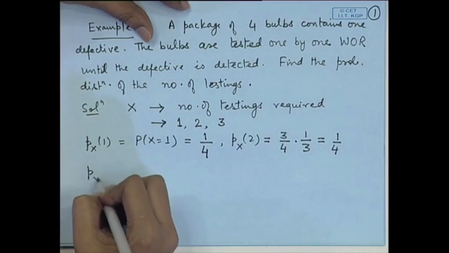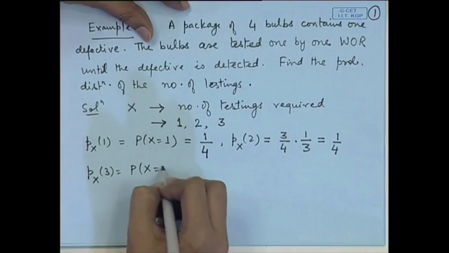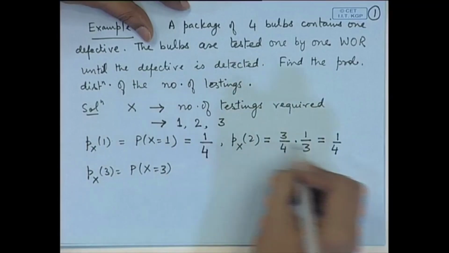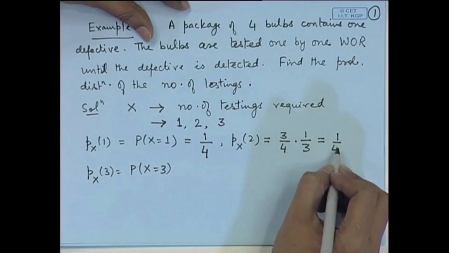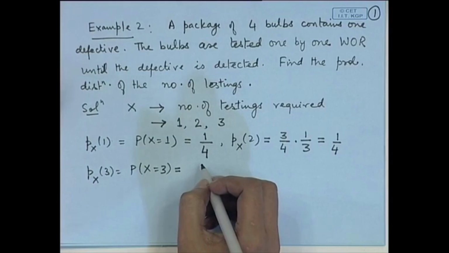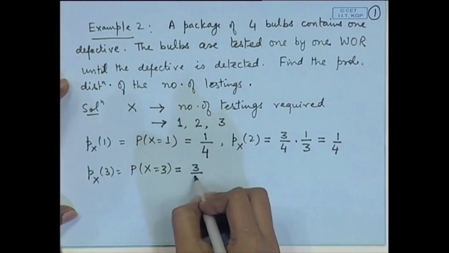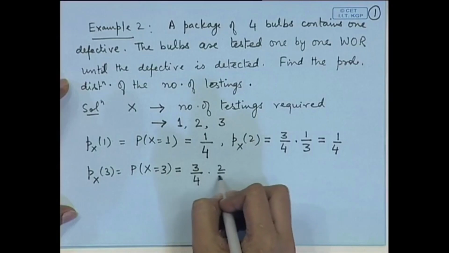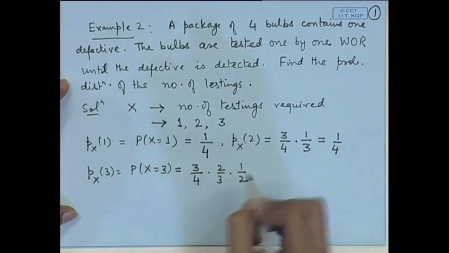If we look at p_X(3), that is the probability of X equal to 3. By direct logic it should simply be 1 minus the probability of X equal to 1 and X equal to 2, so it should be half. Let us see how it can be evaluated directly also. The first one is not defective, the second one is not defective, and the last one is defective, but this is equal to 1 by 4.